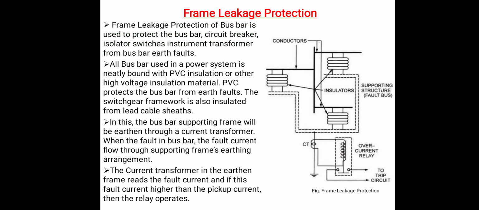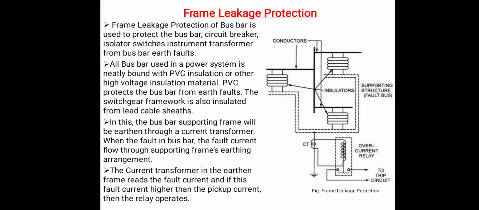Now we will start with frame leakage protection, which is also known as fault bus protection. It is one of the most simple forms of protection and is applicable to small size switchgear. This method consists of insulating the bus supporting structure and its switchgear from ground, interconnecting all the framework and circuit breaker tank, and providing a single ground connection through a current transformer that connects an overcurrent relay, as shown in the figure.